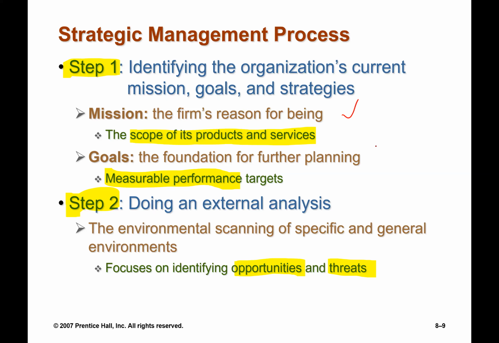And goal, some people say this is what we call vision. So goal and vision are basically the same thing: the future undertaking. What will you be in the next 5 years? What do you want your organization to become? That is the first thing first.